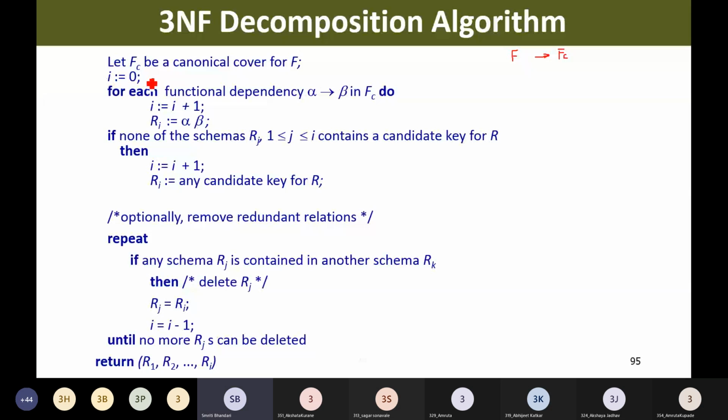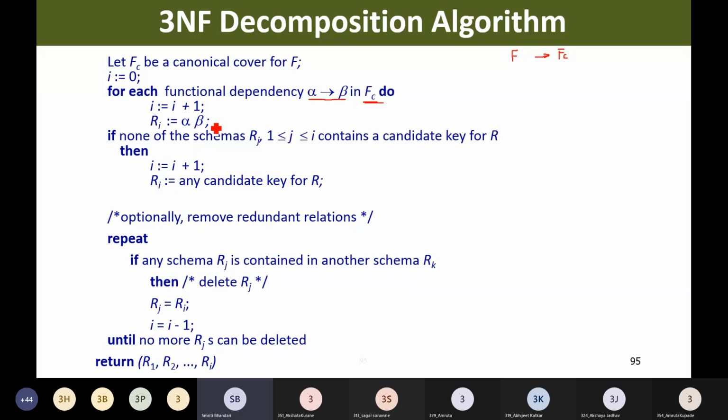What next? We initialize one variable i equal to 0. Then, for every functional dependency of the form alpha to beta in our canonical cover, we will have one relation. See here what we have done: i is incremented by 1.